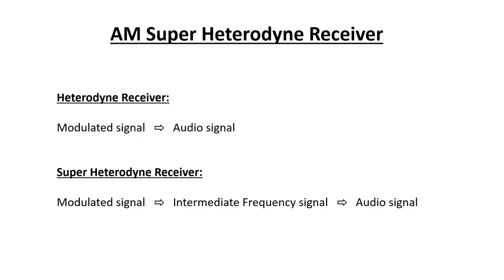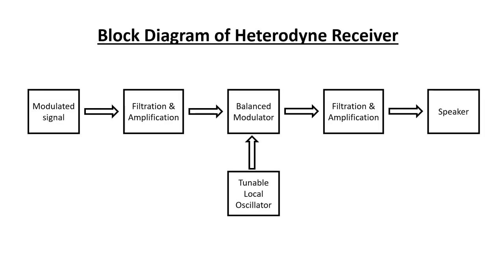Okay, let's analyze it. This is the block diagram of a heterodyne receiver. It is the modulated signal. After catching the modulated signal from the air, we have to filter it and amplify it.